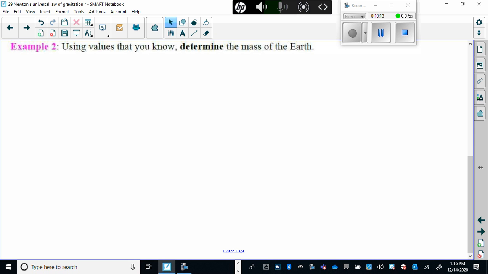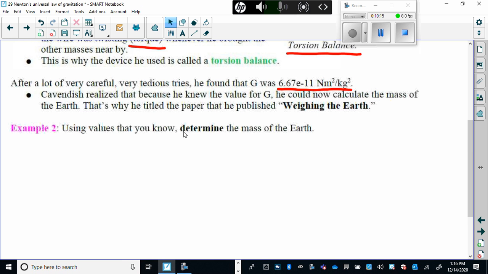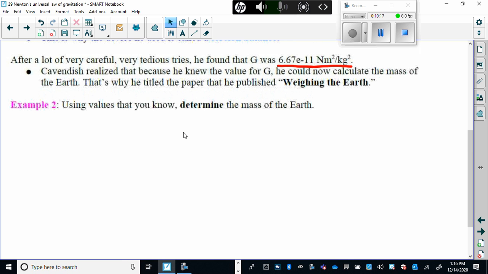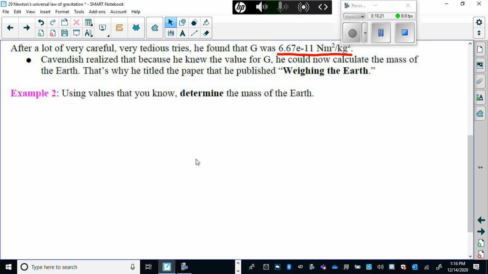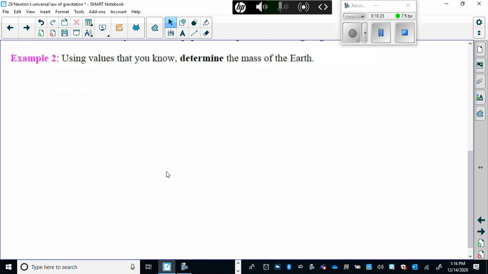Okay, here we go. We are going to use the values that we know to determine the mass of the Earth. It's an ingenious way to calculate the mass of the Earth without having to actually put it on a giant weigh scale.